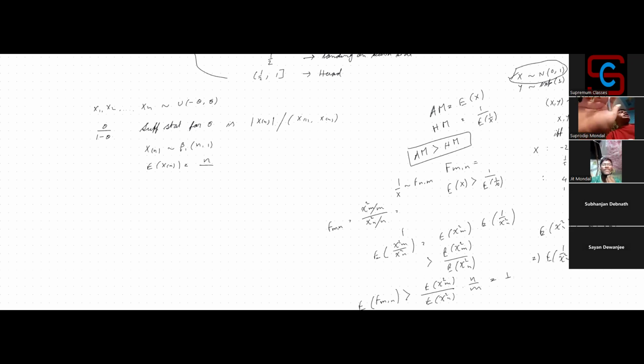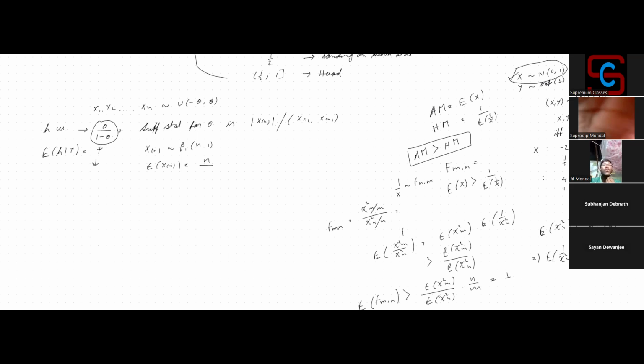If T is complete and sufficient for theta, and H is unbiased for this one, then the expectation of H given T equals phi of T, and this would be the UMVUE of this thing, g of theta.